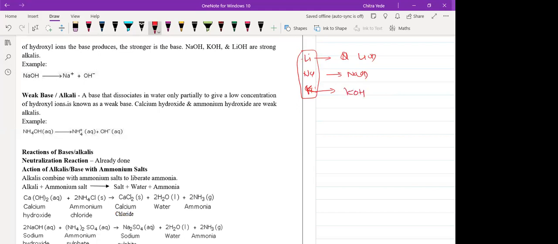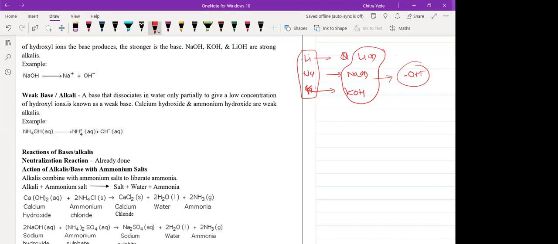These are the metallic hydroxides of lithium, sodium, and potassium. When they dissolve in water, they dissociate completely to form OH negative ions.